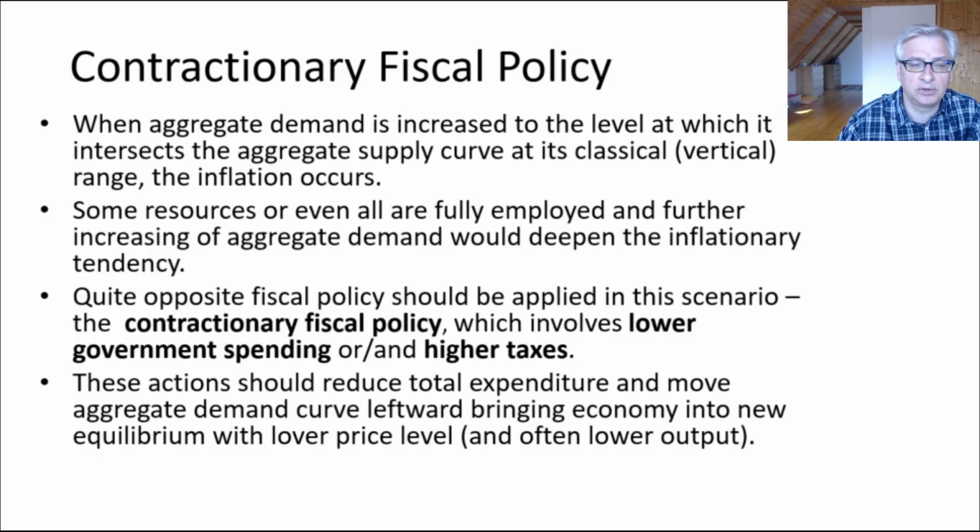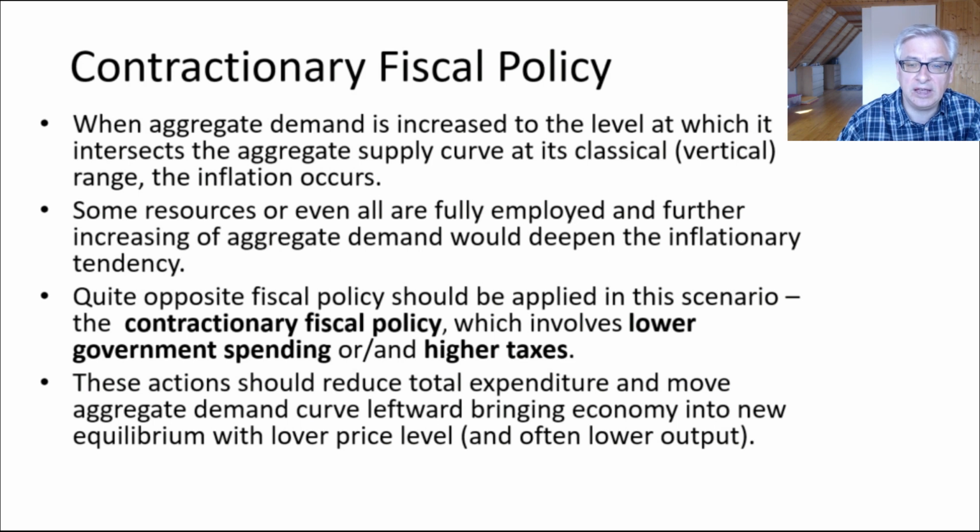Contractionary fiscal policy is the other way around. So typically when we use contractionary fiscal policy, we increase taxes or we cut down government expenditures. It is used usually when the economy is too much boosted. I mean, we are already on this vertical part of aggregate supply.